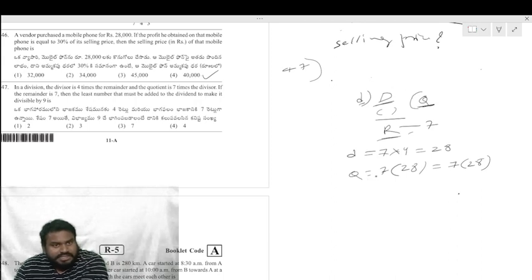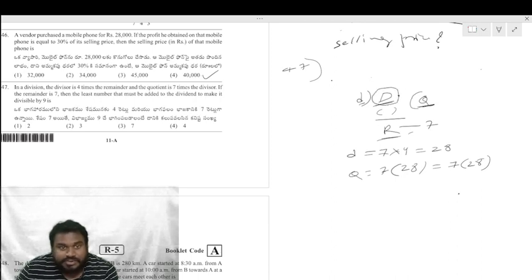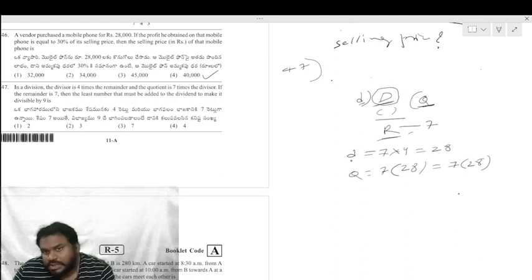So if the remainder is 7, then the least number that must be added to the dividend to make it divisible by 9. What is the rule for a number to be divisible by 9?